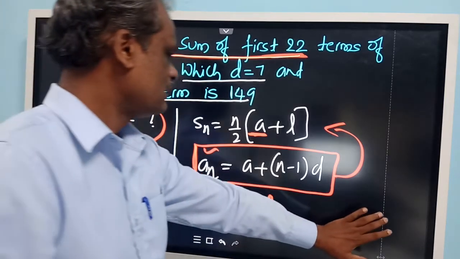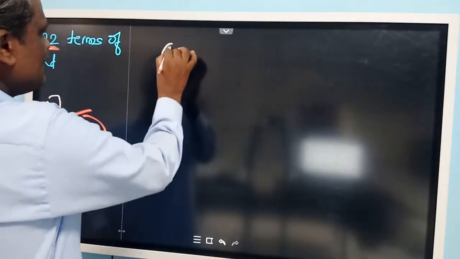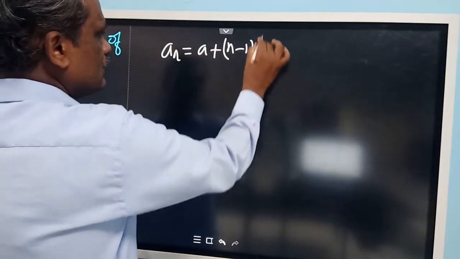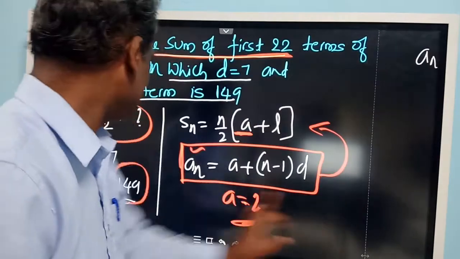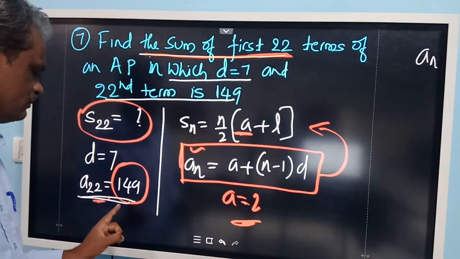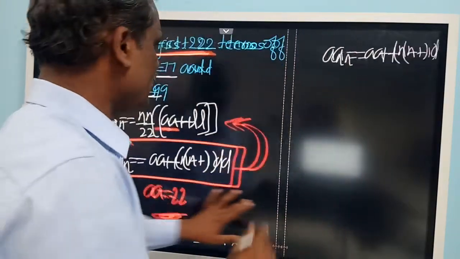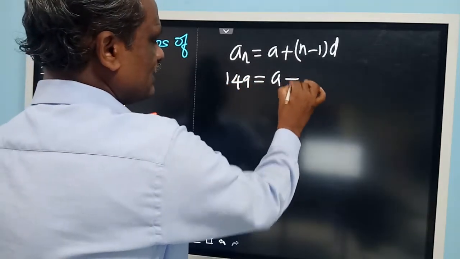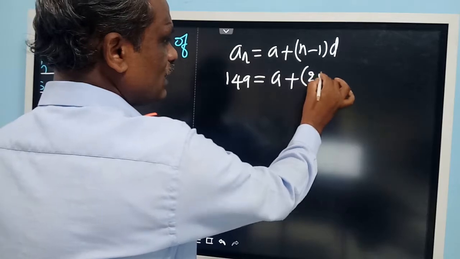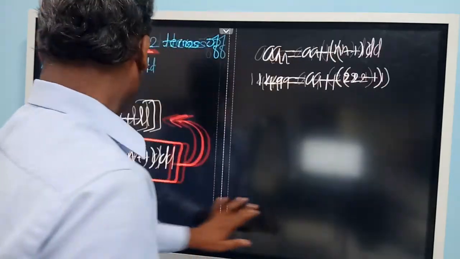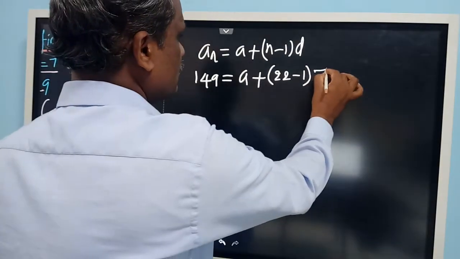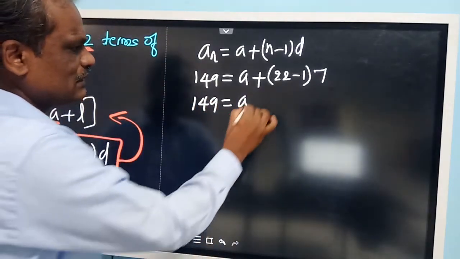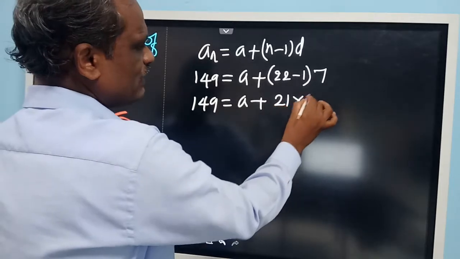So let us use the nth term formula: an is equal to a plus n minus 1 into d. The 22nd term is the last term, so we write 149 is equal to a plus 22 minus 1 into 7.